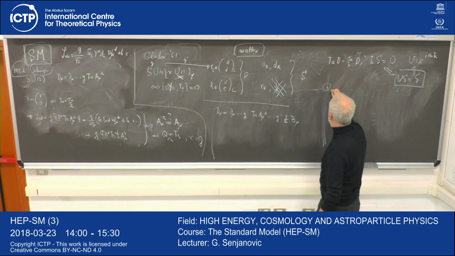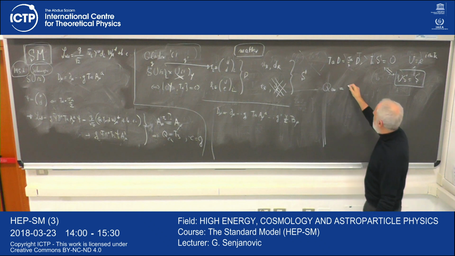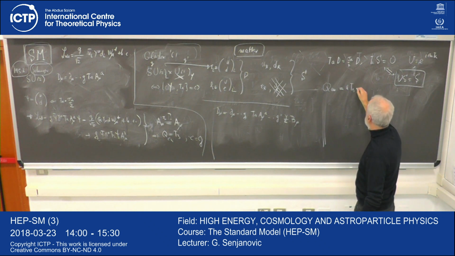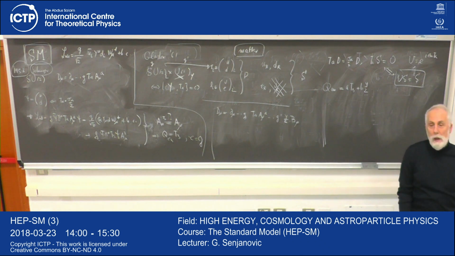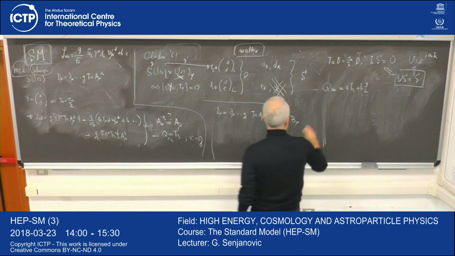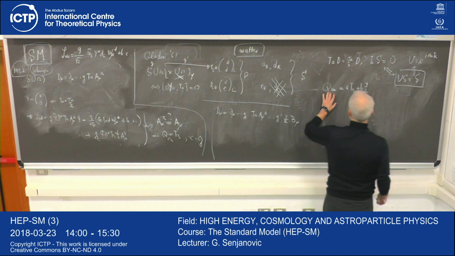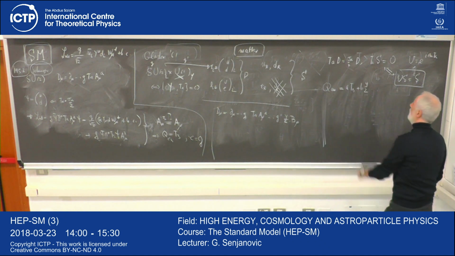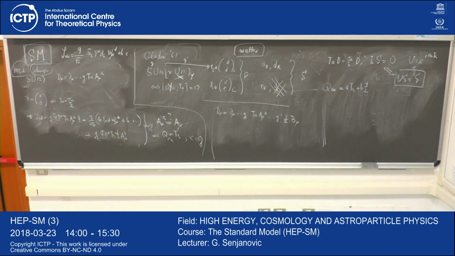What I know is that the electromagnetic charge must be a linear combination of T3 and Y over 2. How do I know that? Well, this is diagonal, so it must be the sum of the diagonal generators of my original group.